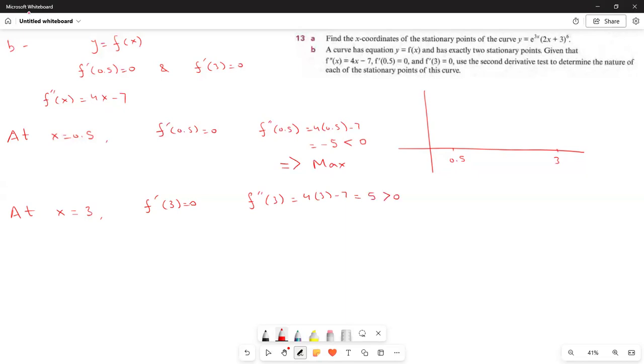So from here we conclude that at x equal to 3, we have a minimum point. So the curve is going to be something like this. At 3, we have a stationary point which is minimum, and at 0.5, we have a stationary point which is maximum.